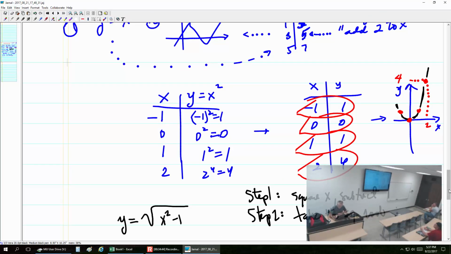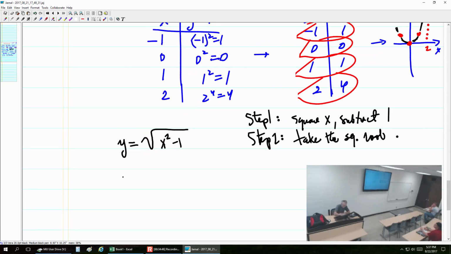Yeah, I'll stick with that example. When I have y equals sine of x squared. Yeah. So one function is sine.